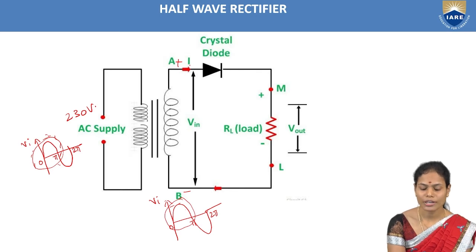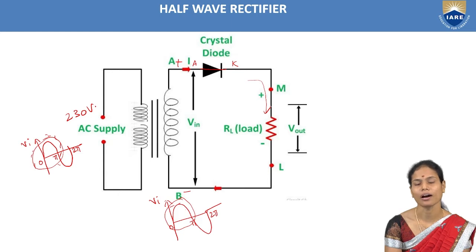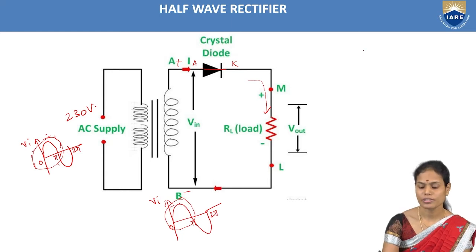So once we provide the positive voltage to the anode terminal of the diode, this is the anode terminal and this one is the cathode terminal, because of the forward bias, the diode will enter into the conduction state and it acts like a closed switch, and the corresponding current will flow in the load resistance RL.